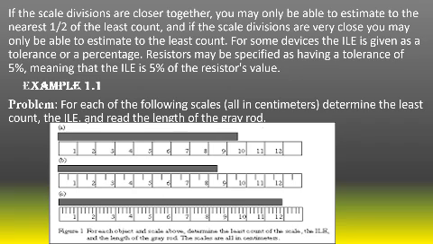So we say this dimension here is 0.5. So for B, our least count is 0.5.